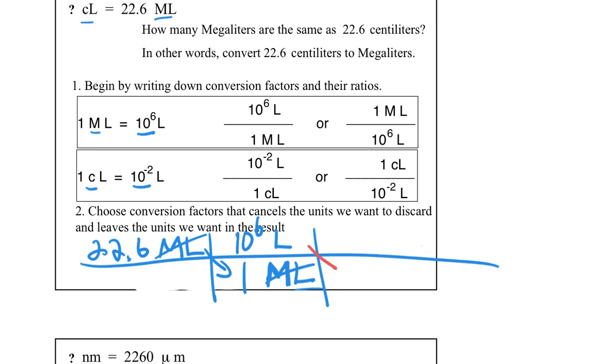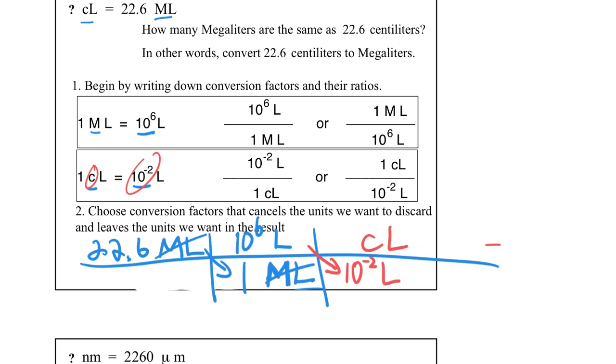And then I bring down the L, and now I can go to what I'm looking for, centiliters. Centi stands for 10 to the negative 2. So I put that right there next to the guy who is lonely without a prefix.